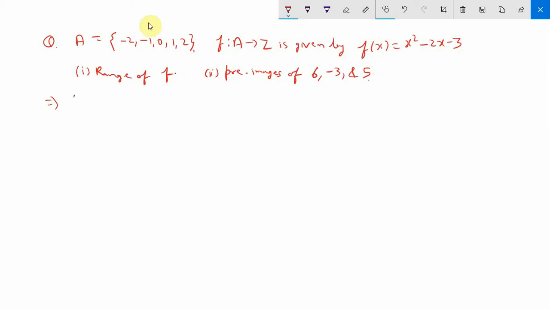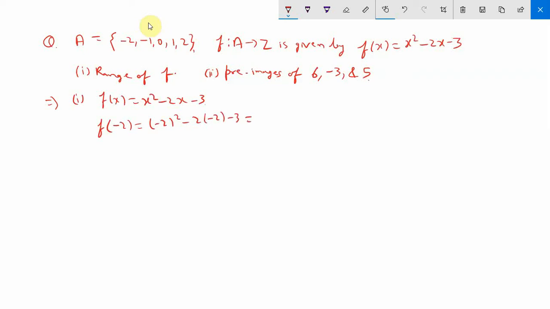So we will start with the first one. As the function is given as f(x) equal to x square minus 2x minus 3, we will find the image of each element of set A. So f of -2 equal to (-2) square minus 2 into (-2) minus 3.